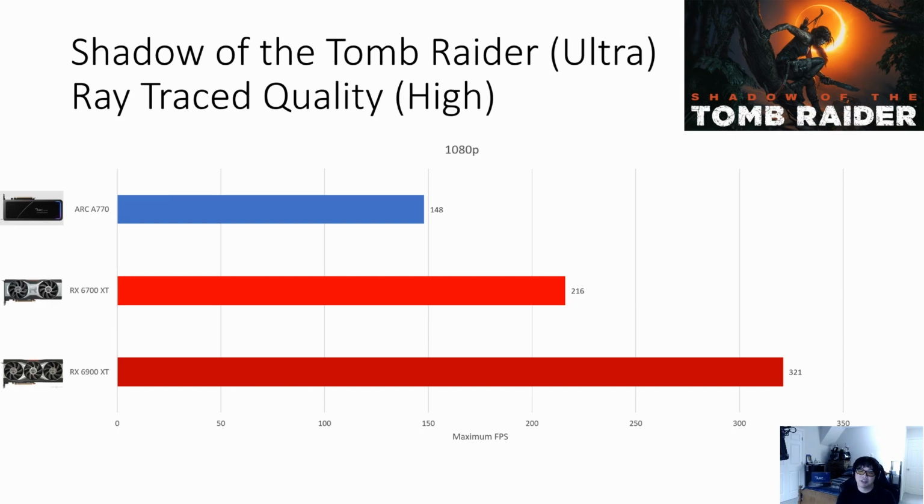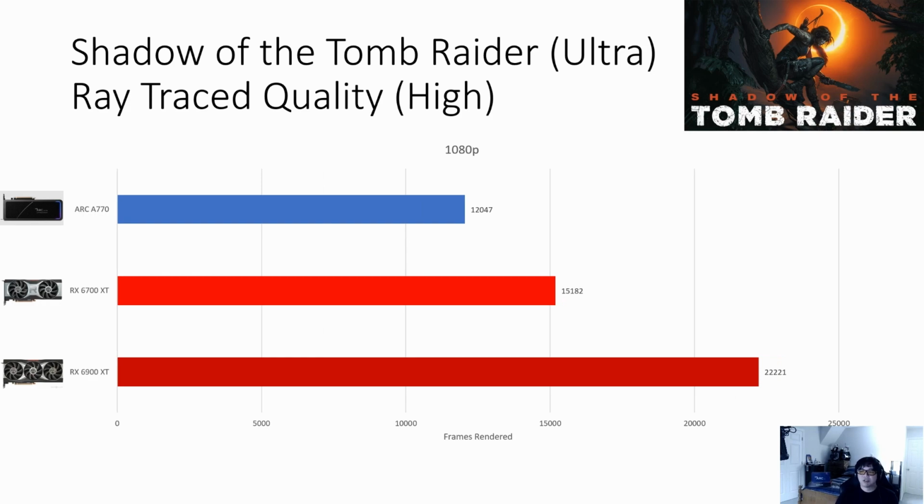And likewise, if you look at the AMD cards, you can see there's really good scaling as you move up the performance stack. The 6700 XT is in the middle, the upper mid-range card. Then there would be the 6800 XT, which would fall right in between that card and the results for the 6900 XT, which are over 300 FPS, at 321. So it's kind of an interesting result to see here.